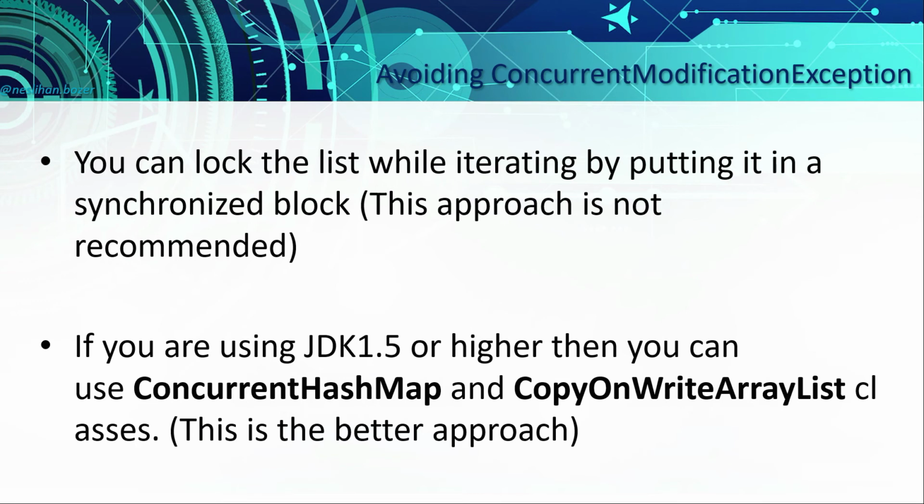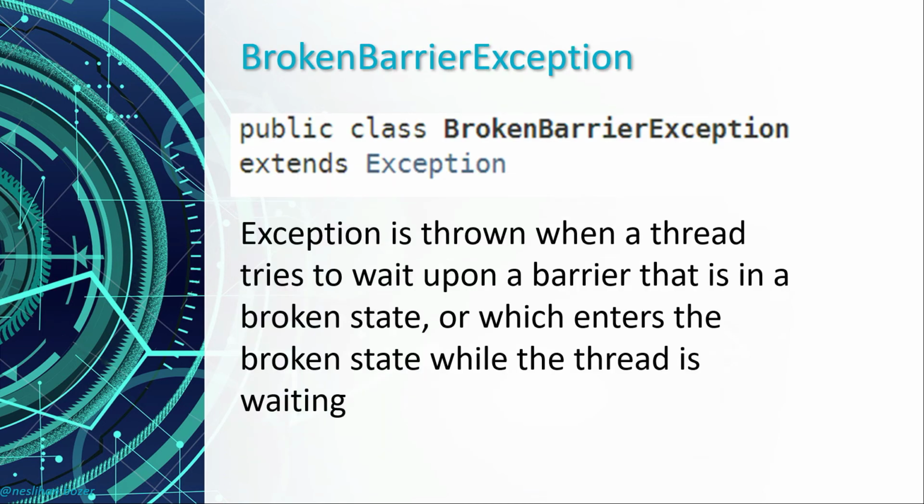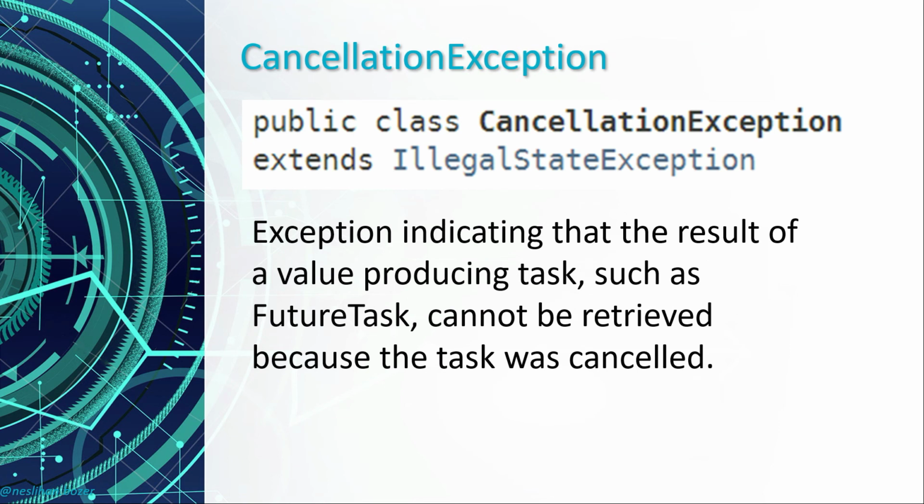Other concurrent package exceptions are: BrokenBarrierException, thrown when a thread tries to wait upon a barrier that is in a broken state or which enters the broken state while the thread is waiting. CancellationException indicates that the result of a value-producing task such as a FutureTask cannot be retrieved because the task was cancelled.